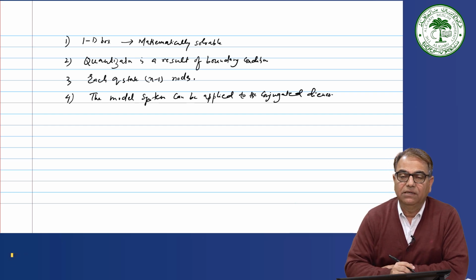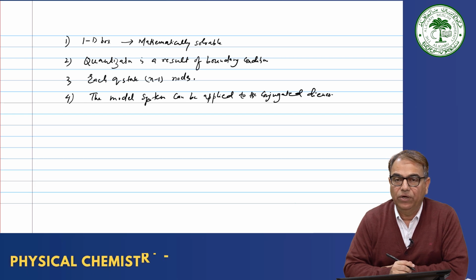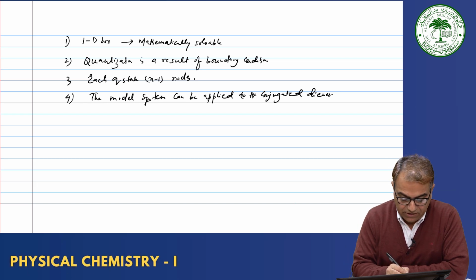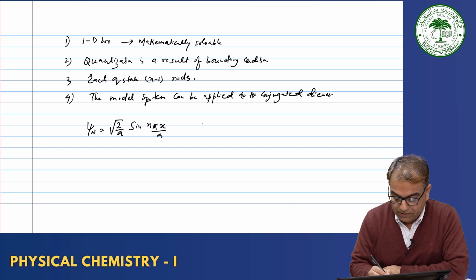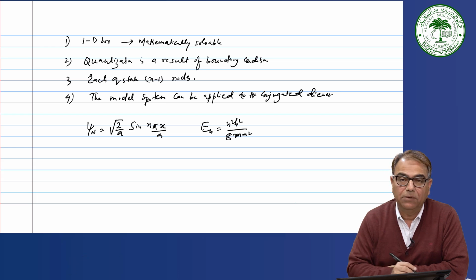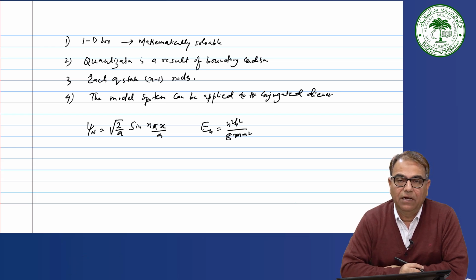Having done this, if we have the wave function and the energy level, then we can apply the postulates which we have done, and we can get the expectation value or average value of different physical quantities.